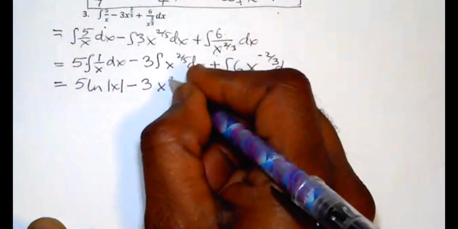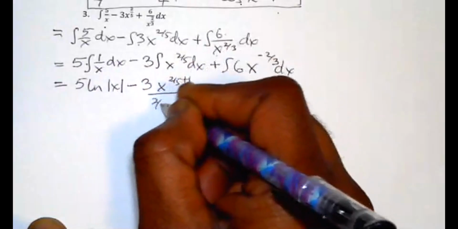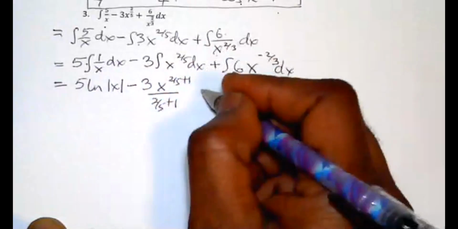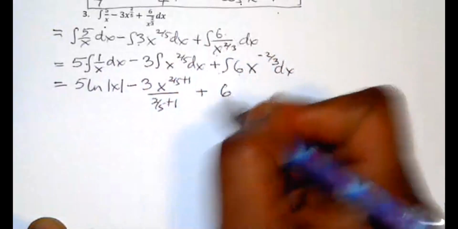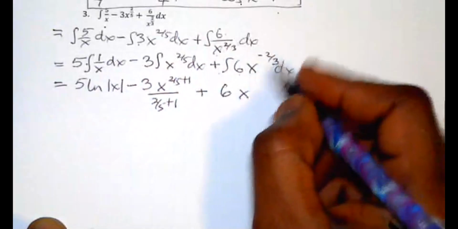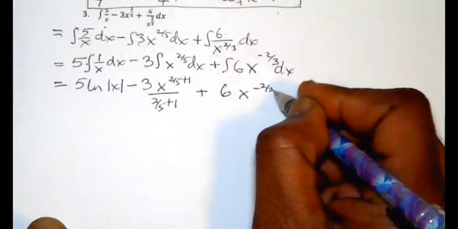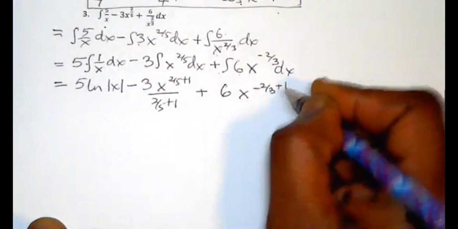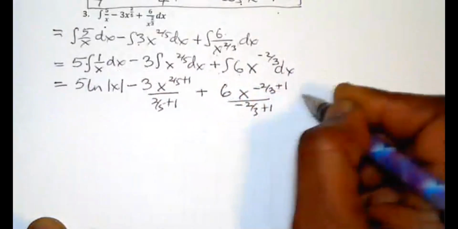So it's x to the 2 over 5 plus 1, and then we divide by the sum that we get. Plus, do the same thing here. 6 is a constant multiplier, so we can write that down, 6 in front. The integral of x to the power negative 2 over 3, add 1 to that, and divide by the sum, negative 2 over 3 plus 1, and add a constant.